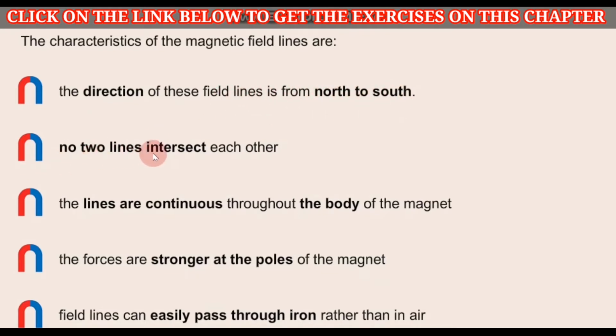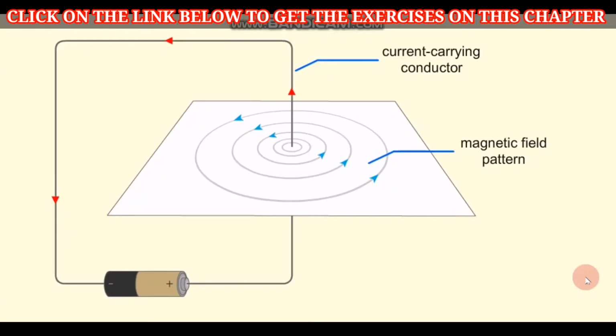No two lines intersect each other, and the lines are continuous throughout the body of the magnet. The forces are stronger at the poles of the magnet, and the field lines can pass through iron more easily than through air. Okay, we have seen how the magnetic field produced by the permanent magnet looks like.